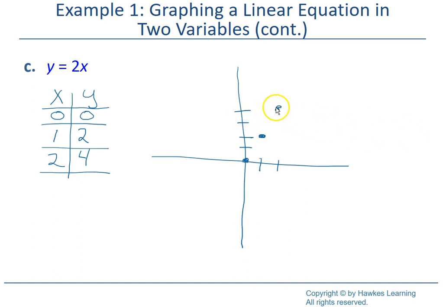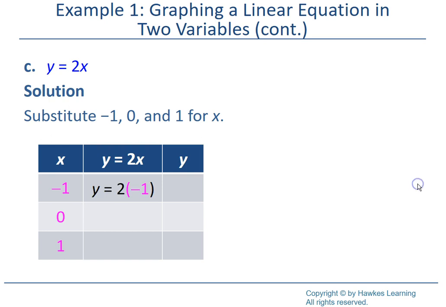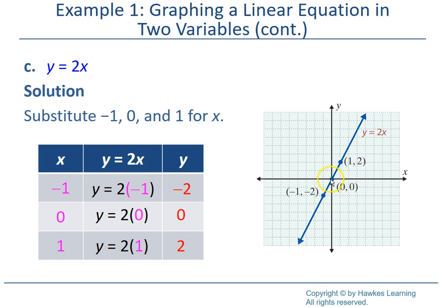And again, we have a nice straight line going through the origin. They chose different points, but the results are the same. And there is our 2, 4 right there.